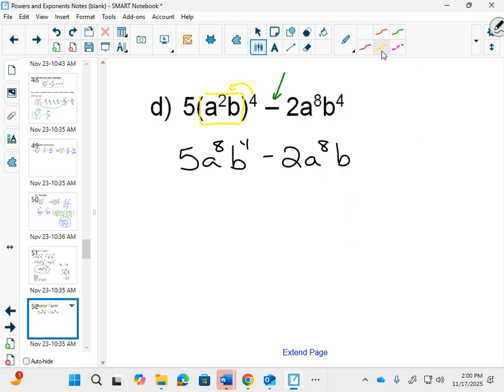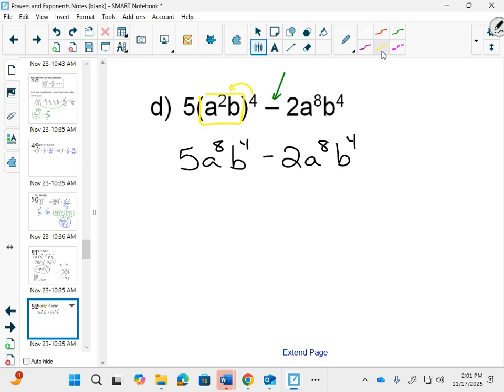All right. Now, this is a unit that you guys are going to be doing next semester. But I think I could teach it to you a little bit already. There is something in mathematics called combining like terms, and we consider these like terms.